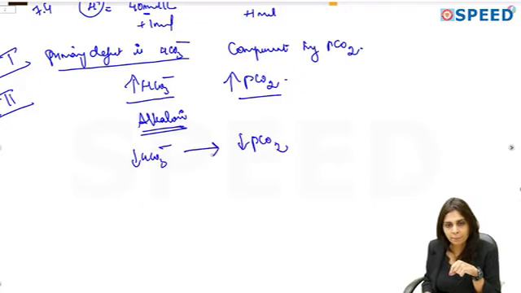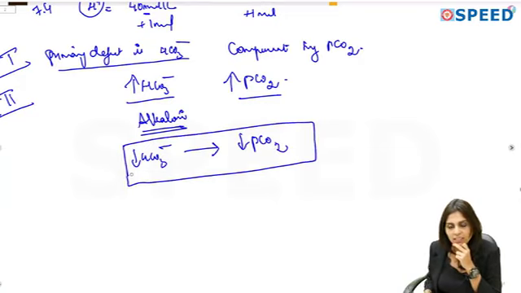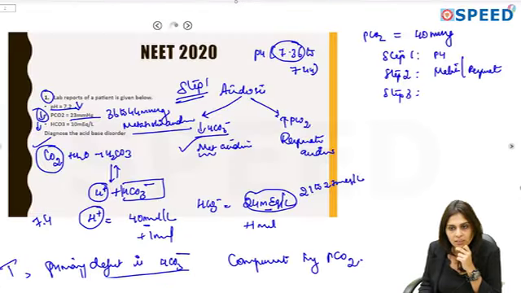How does this happen? How can a decrease in bicarbonate cause a decrease in PCO2? First tell me, what do you call this condition wherein there is a decrease in bicarbonate? Metabolic acidosis.